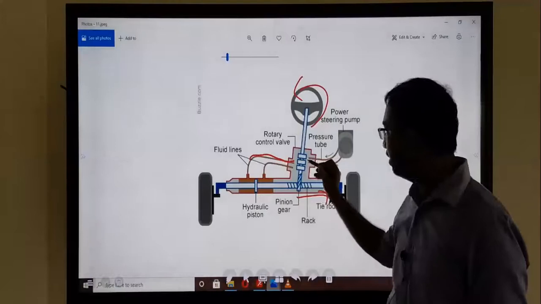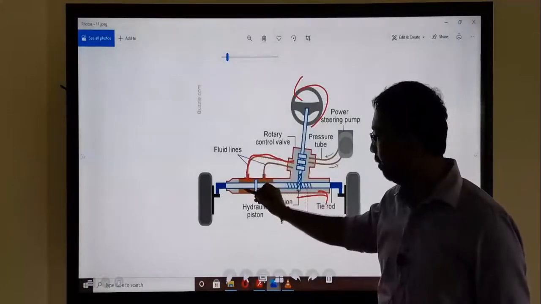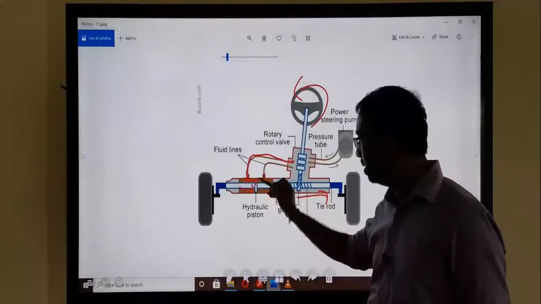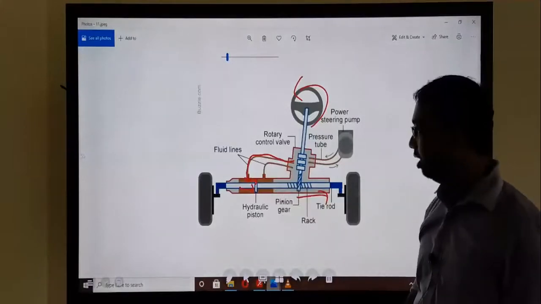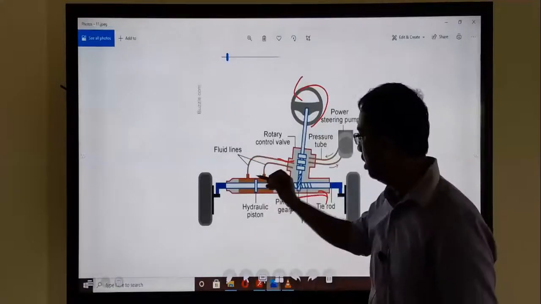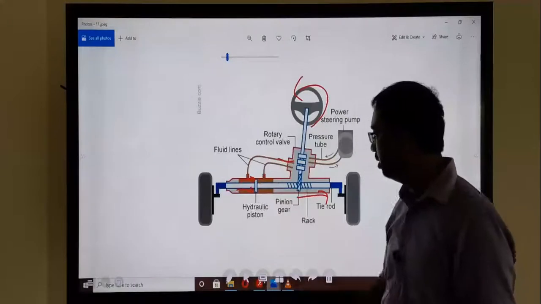So this high pressure fluid enters this area and fills here, and it gives the pressure to this piston. The piston divides this area, so it gives the force here on the piston.